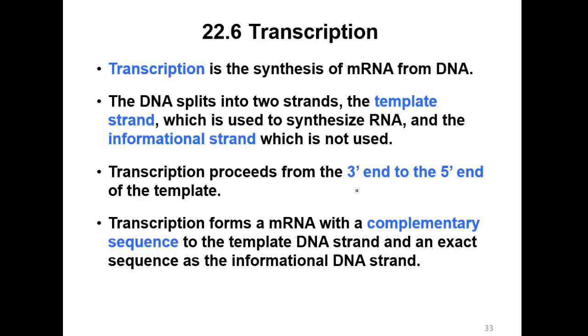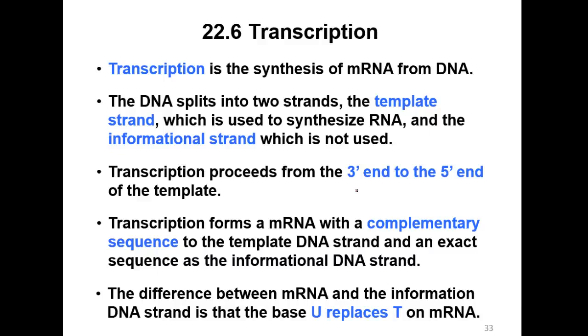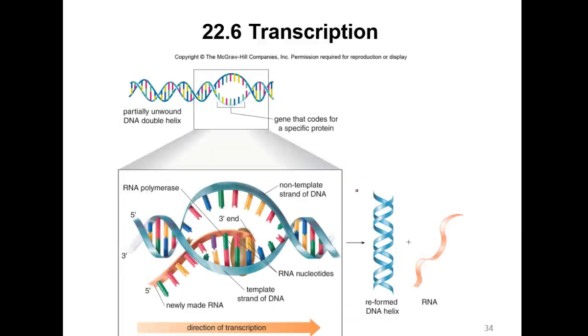So it's doing the same thing as we saw on DNA. However, it's doing it for the RNA, and instead of a T, it has a U, a uracil. The difference between the RNA and the DNA is that you get a U in place of a T.